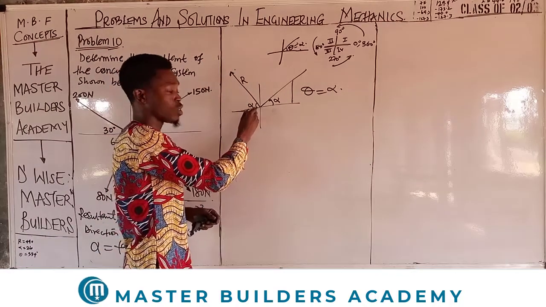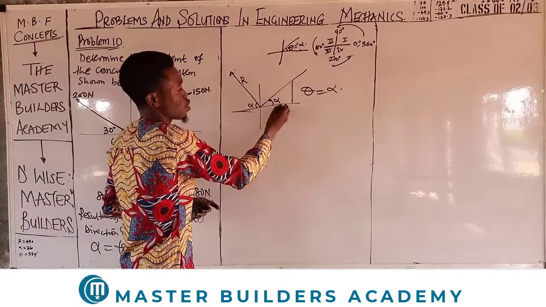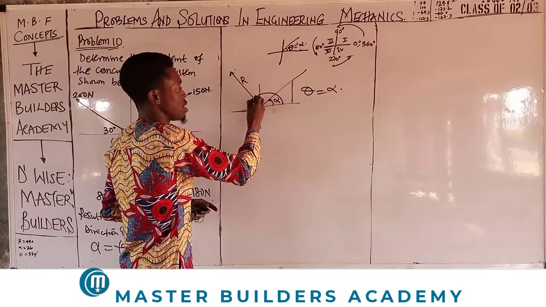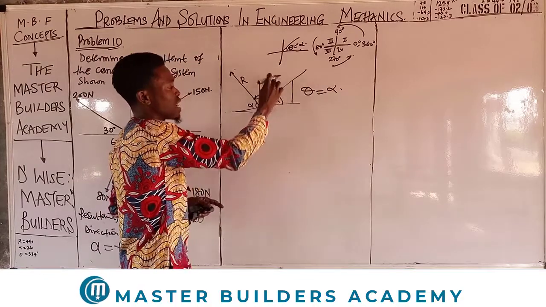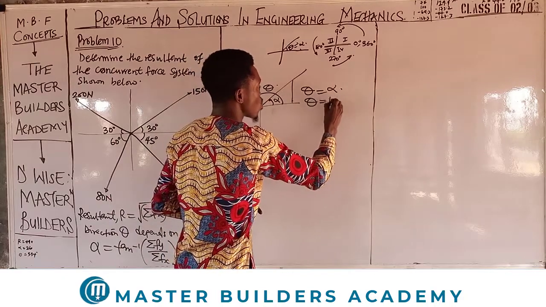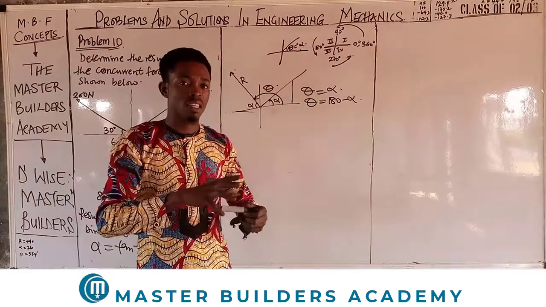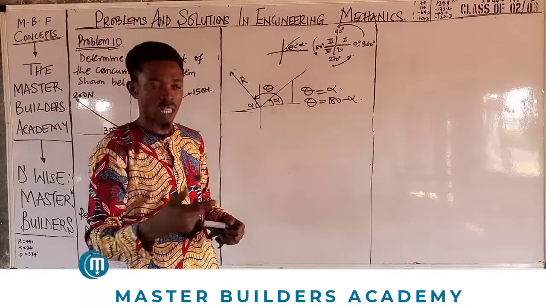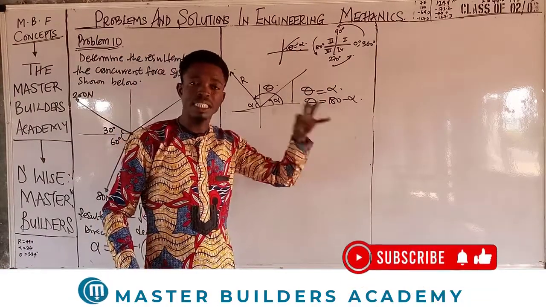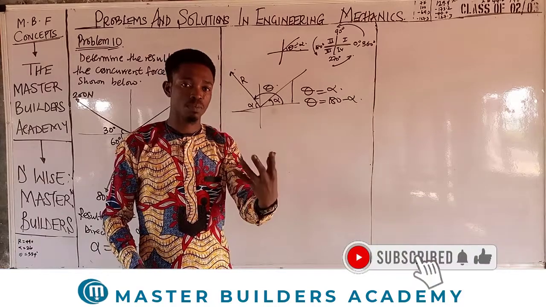So you see that this is where alpha is. To get the direction of the resultant, it will be this, which is theta. So from here, if I want to find theta, theta is equal to 180 minus alpha. So whenever your resultant falls out from the second quadrant, this is how you obtain the resultant direction.